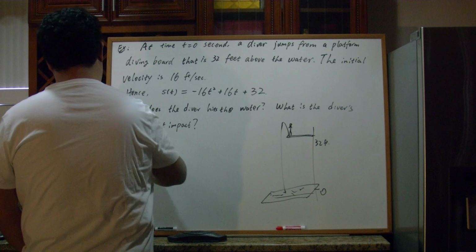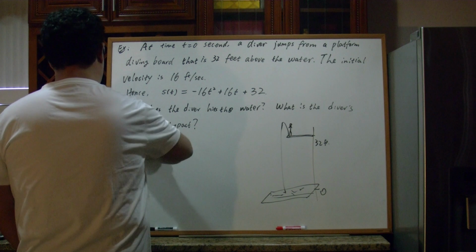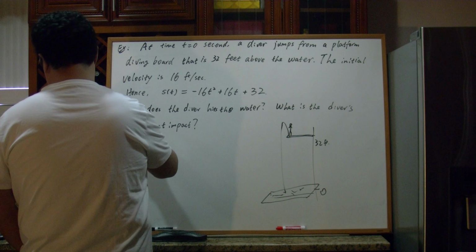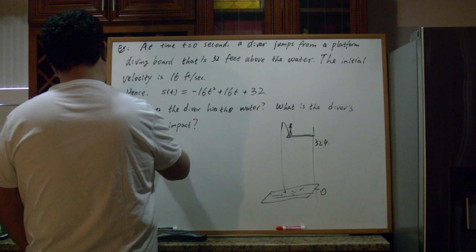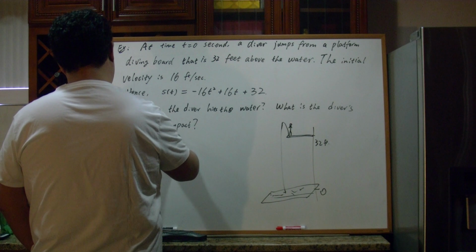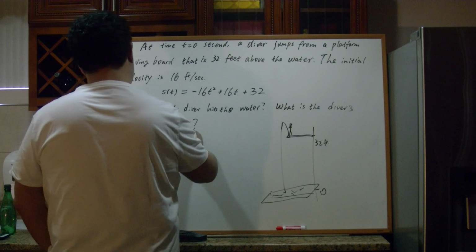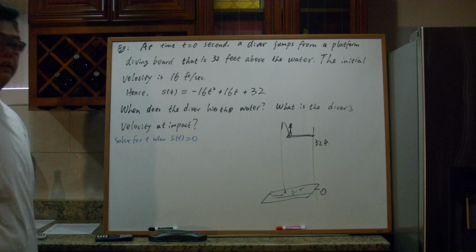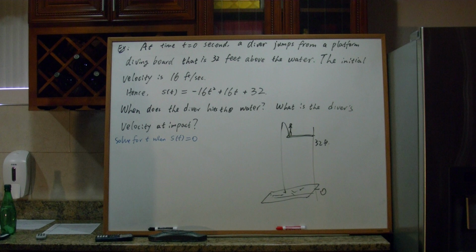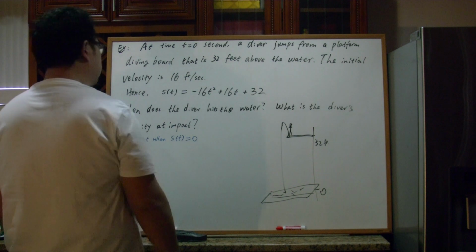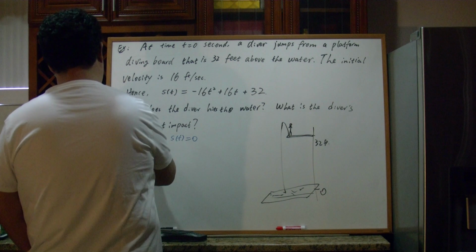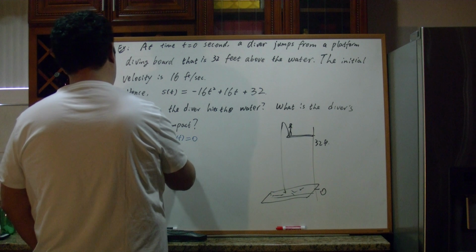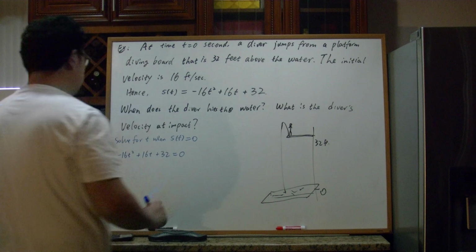So the first question is asking for the time that the position equals 0. So we have the position function, negative 16t squared plus 16t plus 32, equal to 0.